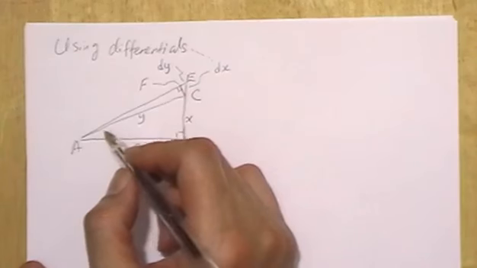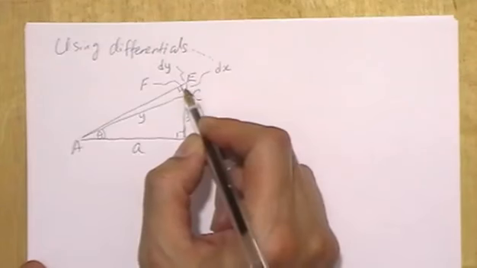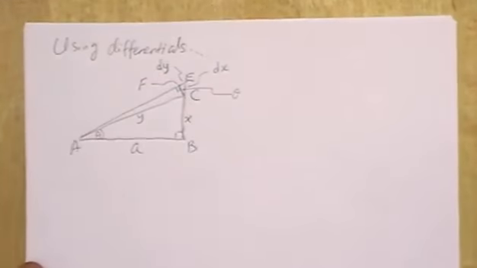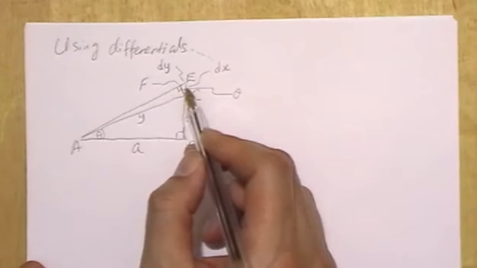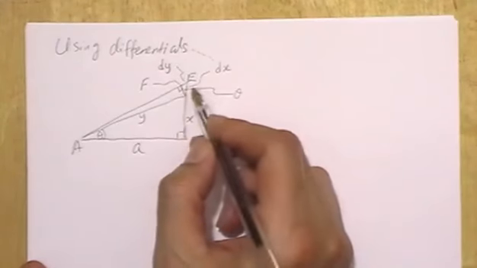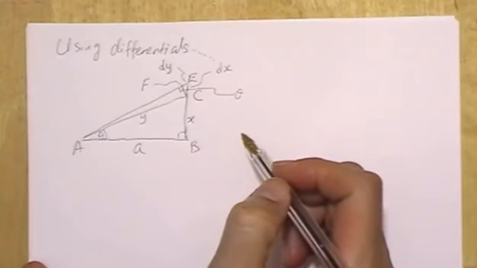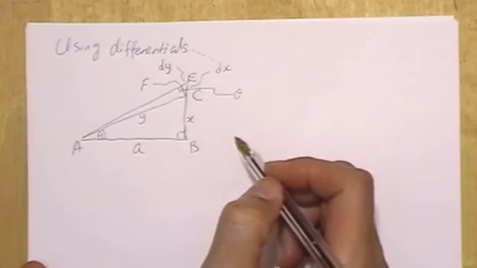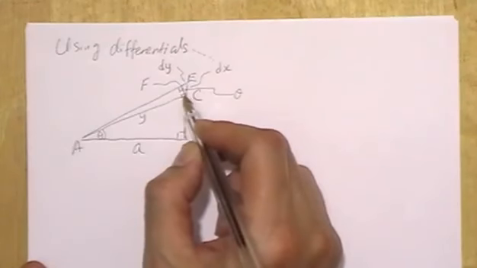Because if that angle here is theta, then this angle here is also theta. Now, to see why this is also theta, let's see. Now, when the increment is very small, this angle here is also approximately 90 degrees.